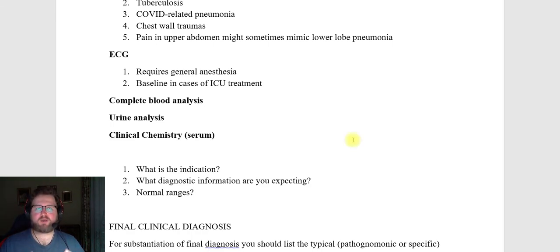For example, for blood analysis, normal ranges are written in your manual.